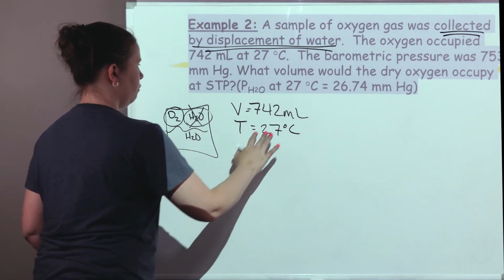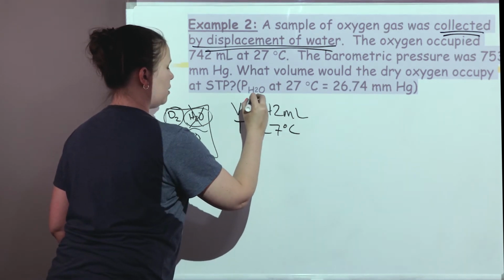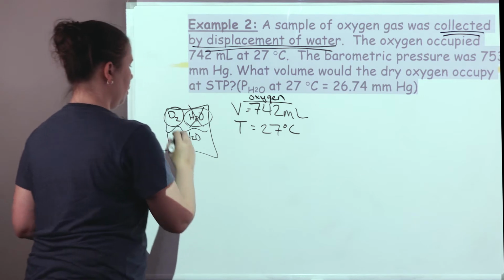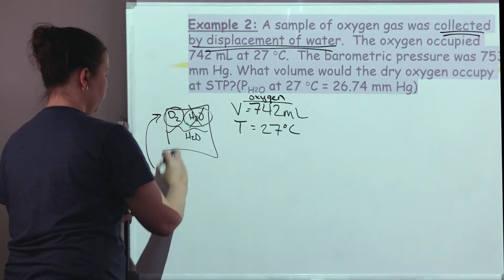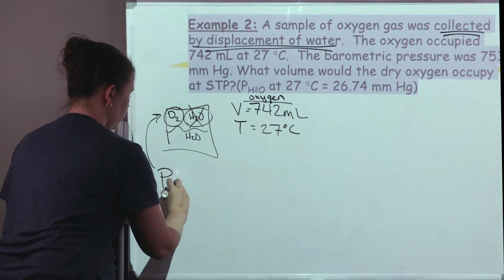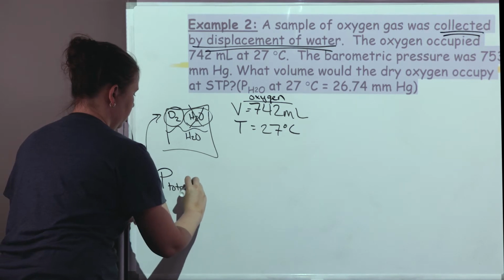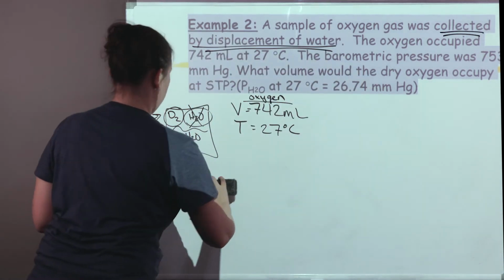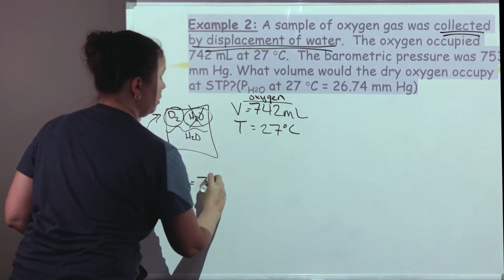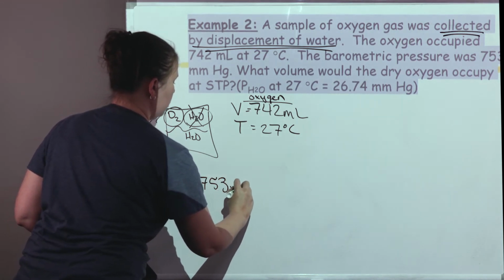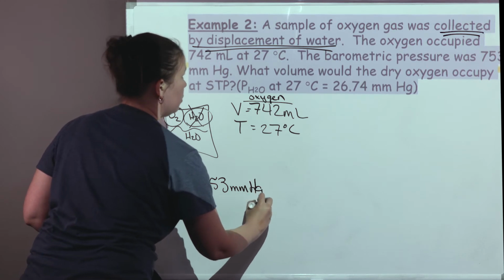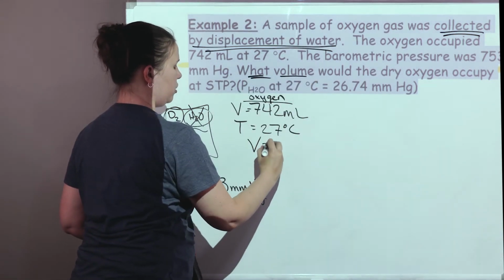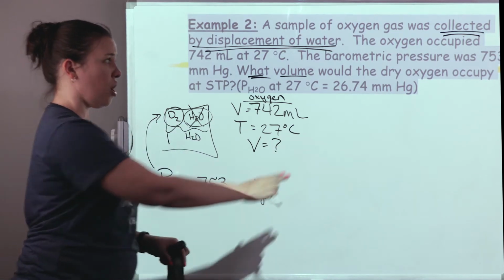So I'm going to be careful about adding this to my list of things that I know are true for oxygen. What they're telling me is the total pressure. Pressure total is going to be 753 millimeters of mercury.